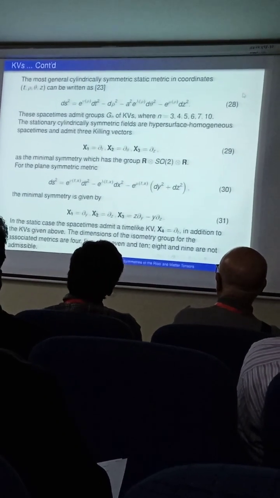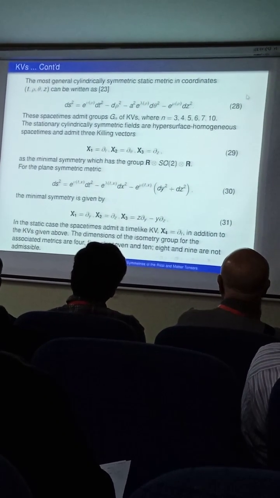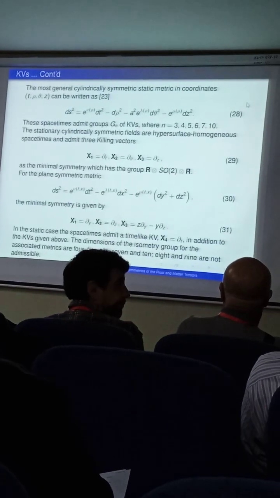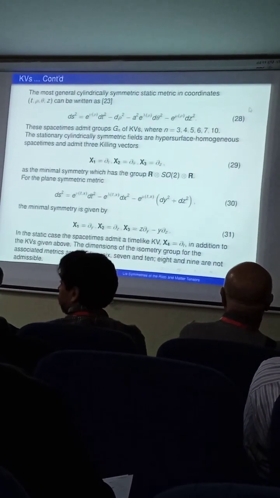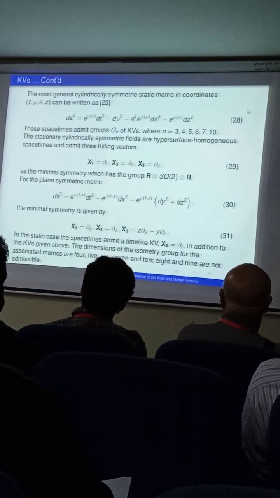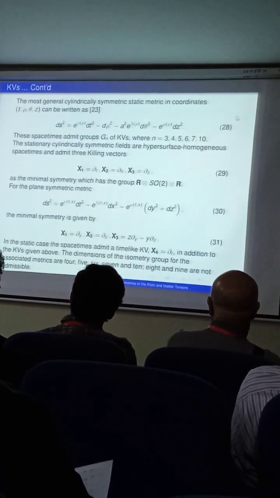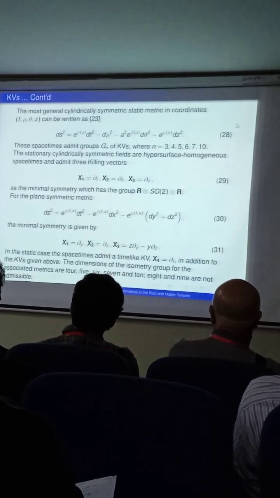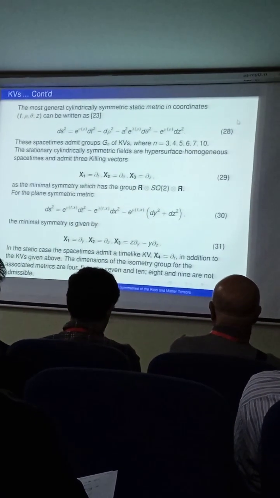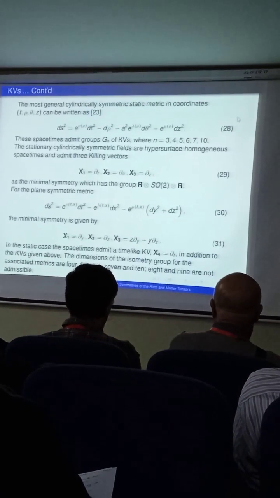Similarly, this is another case, a cylindrically symmetric line element, and the symmetries are given by 29. The first again is the staticity, and the other two define the cylinder, the symmetry with respect to angle theta and z.